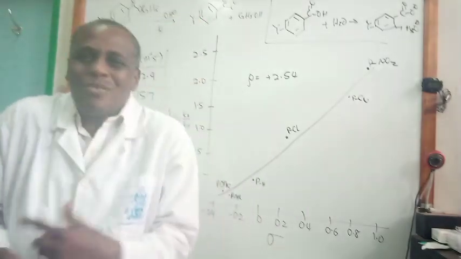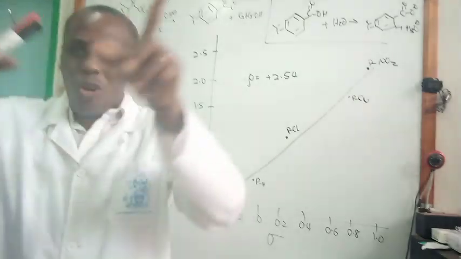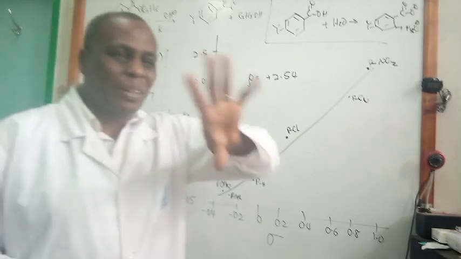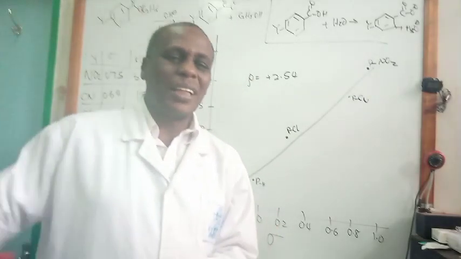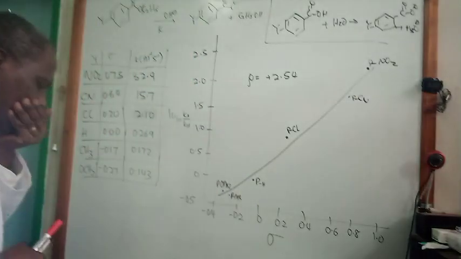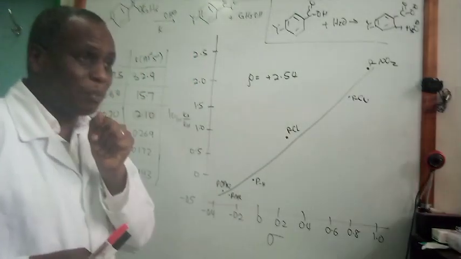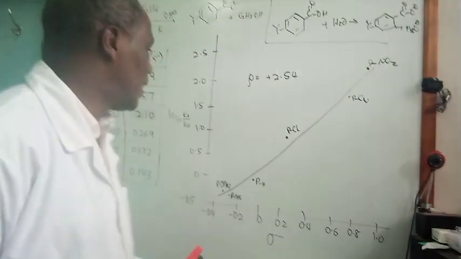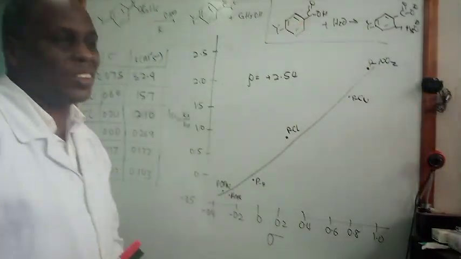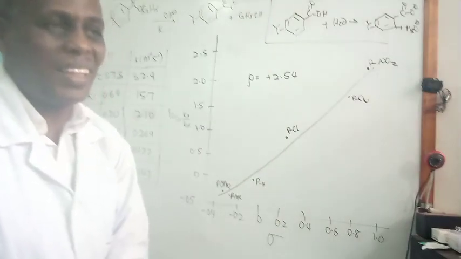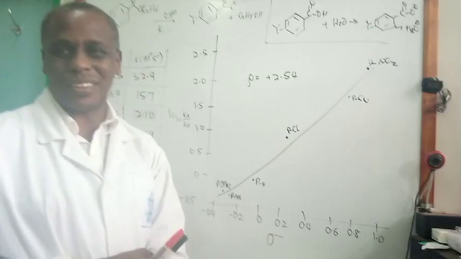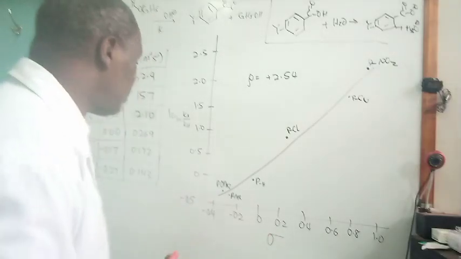You also need to have another reaction of the same thing in which all the part of the molecule is the same, and the reaction center has been replaced with the benzoic acid. So that you'll now be studying the ionization, generating the pKa values, and that will lead to the sigma values.